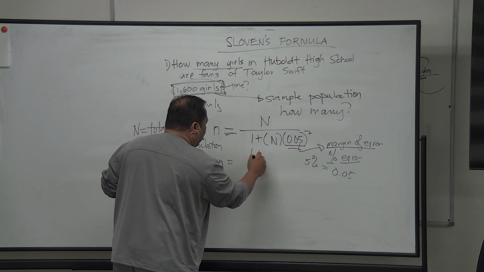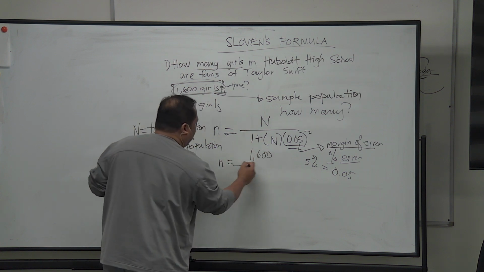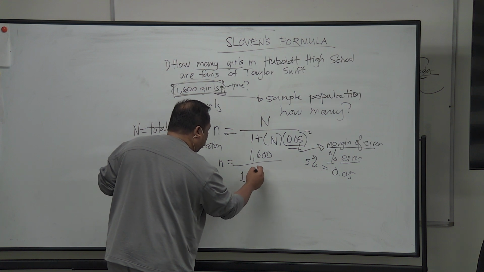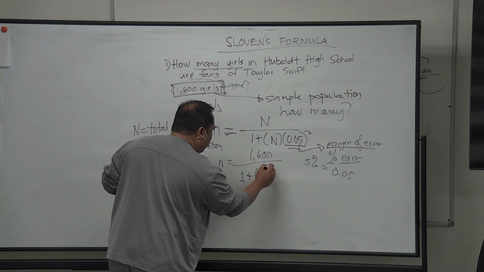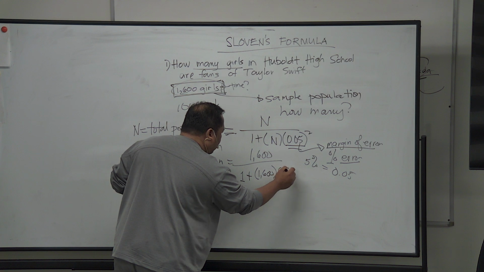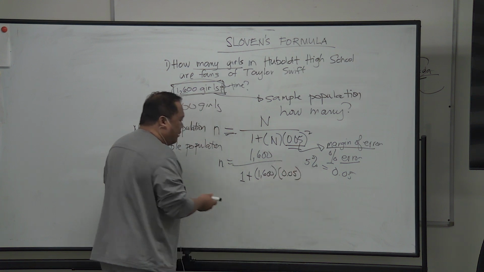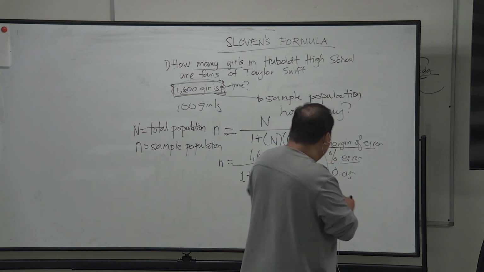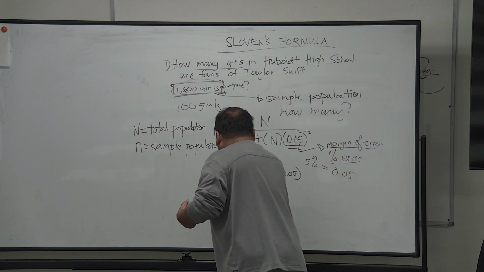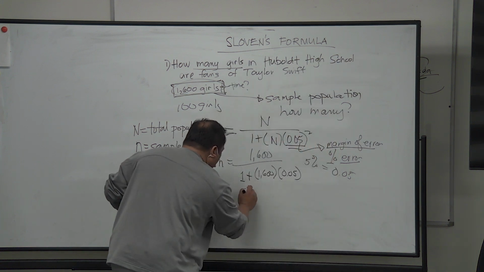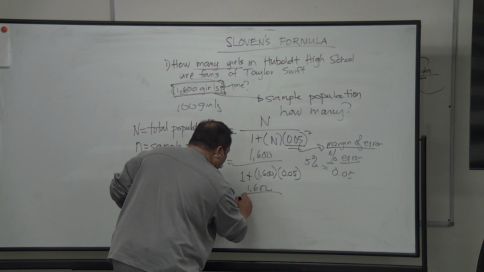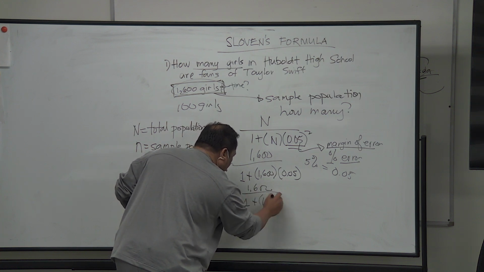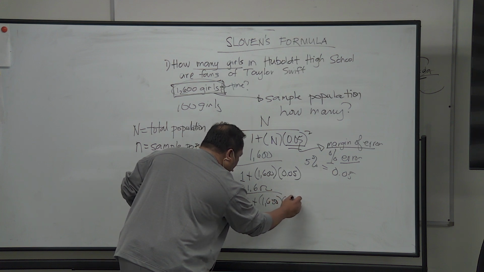You have 1,600, that's your total population. And this is 1 plus 1,600 times 0.05 squared. So 0.05 squared is how much? It becomes 1,600 divided by 1 plus 1,600 times 0.25.